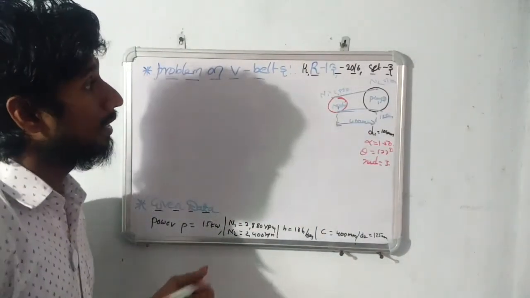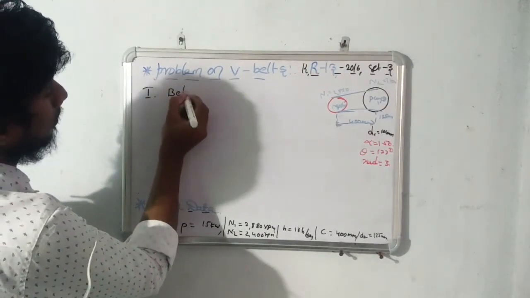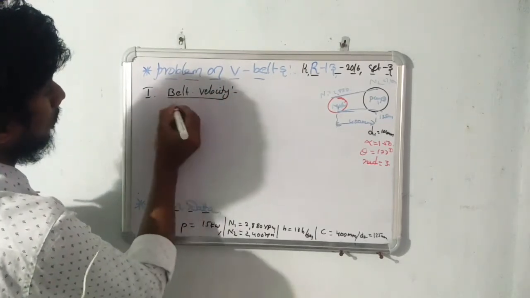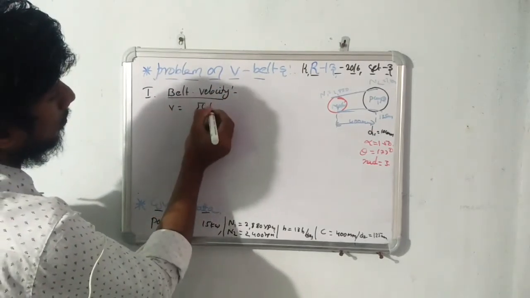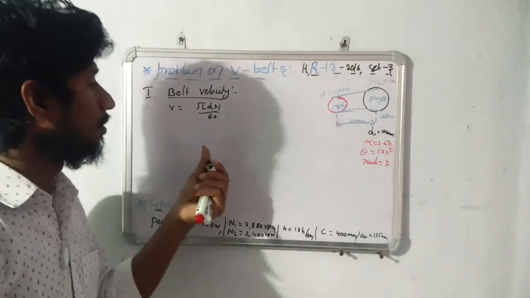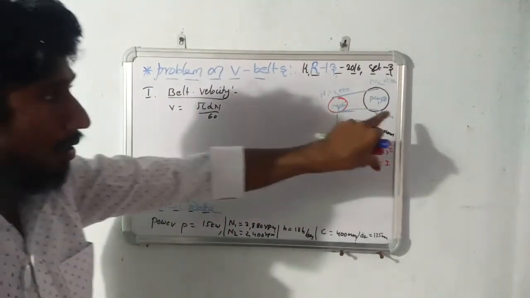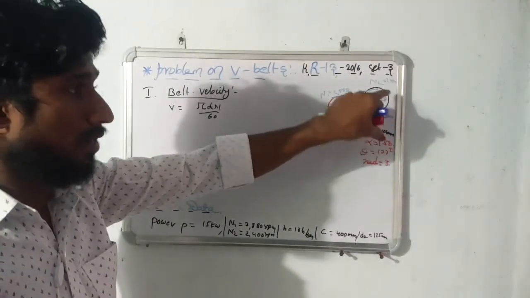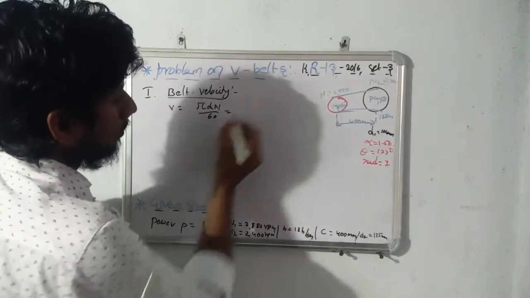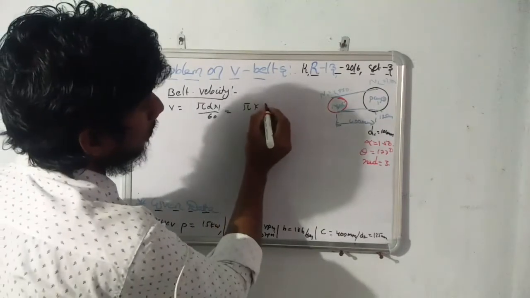The first step in the design of the V-belt drive is the belt velocity V, equal to pi d n by 60. The velocity is derived with the help of motor speed and motor diameter, or pump speed and pump diameter.